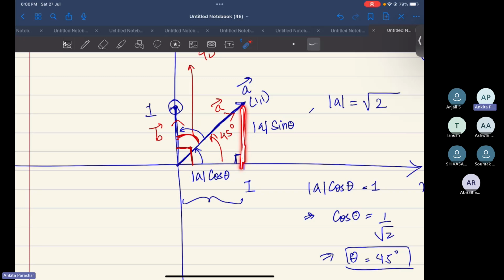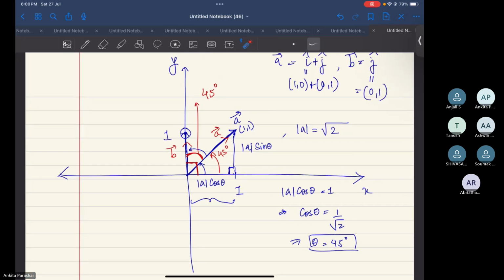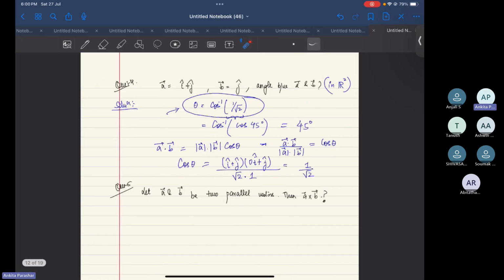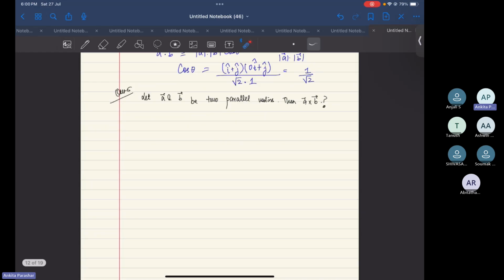This part is just nothing but mod A times sin theta. But you know that the distance is nothing but 1. So therefore you equate it to 1 and get your cos theta. Is this okay? Yes, ma'am. All right. So there can be many ways to handle this question. Angle is 45 degrees.